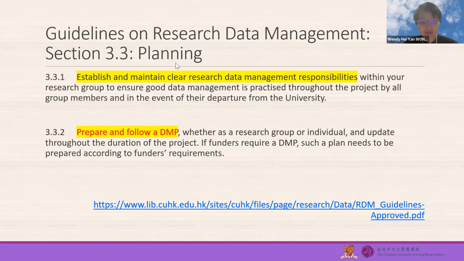So when you plan your research, you are advised to know clearly who in your research group will be responsible for managing your data, massaging your data, analyzing your data, and who is the responsible steward of the data. So this should be stated in a DMP. You are advised to prepare and follow a DMP at the proposal stage.